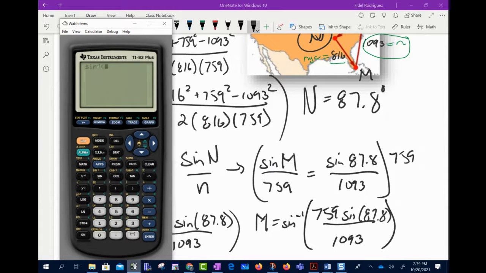I'm going to go second, sine inverse, 759 times the sine of 87.8, close my parentheses for my angle, divided by the 1093, and close those parentheses, and then hit enter. To one decimal place, y'all, I'm coming up with 43.9.